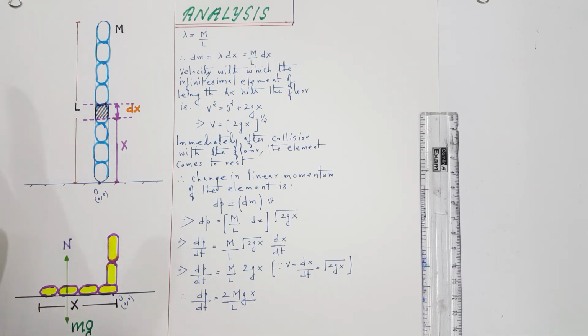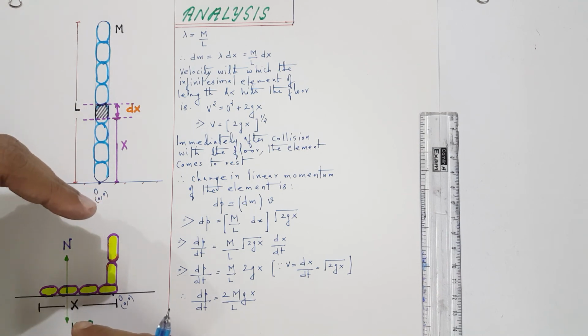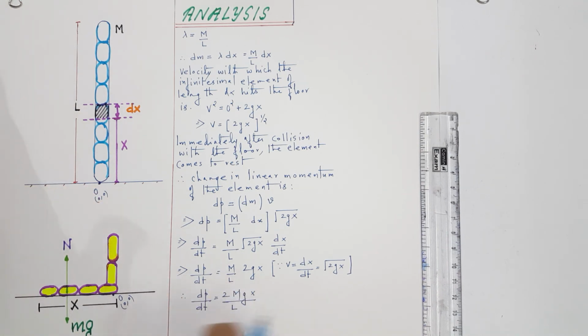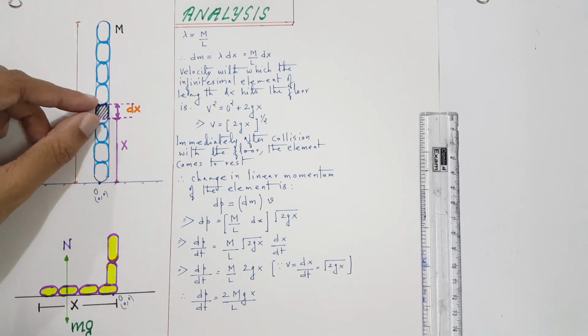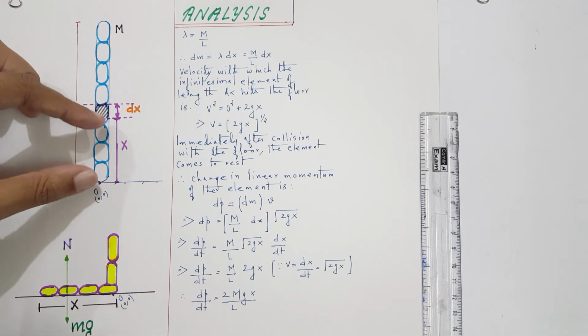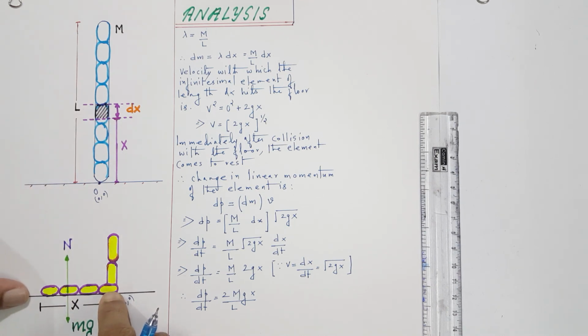The force which the floor exerts on the chain in order to bring it to rest, and the chain exerts on the floor before coming to rest, is this, during the vertical motion. Now what happens? When the dx element reaches the floor, then x length of the chain has come on the floor without forming any heap, as I told you. So the weight of this x length of the chain is also acting on the floor. So let's find that.